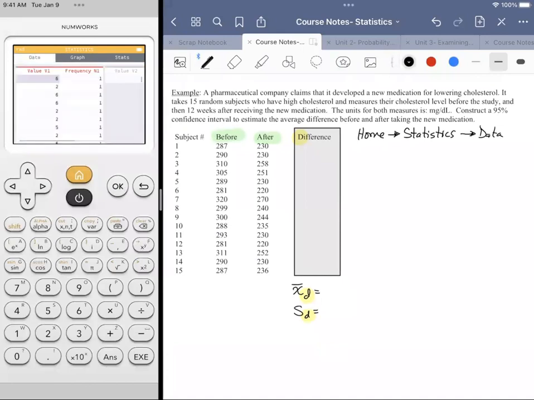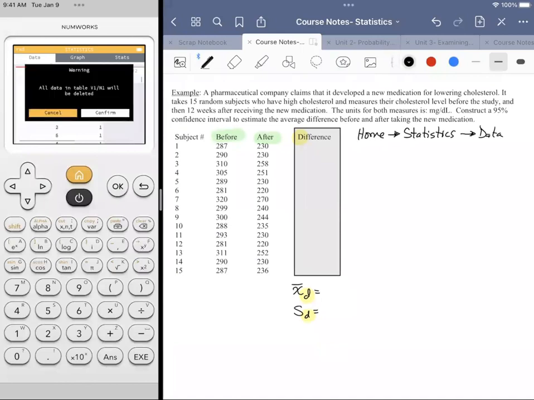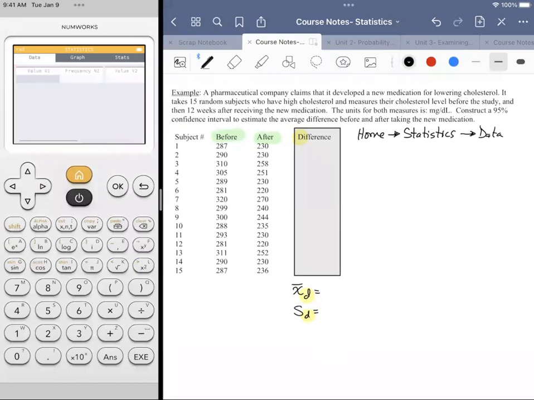I want to put these values in, which is probably the most challenging part of this whole thing. On value view one, I'm going to clear that out, confirm, and just start typing away.